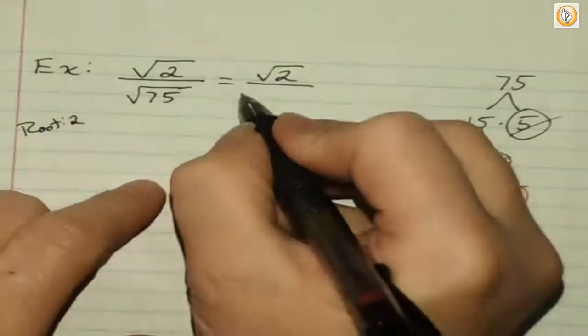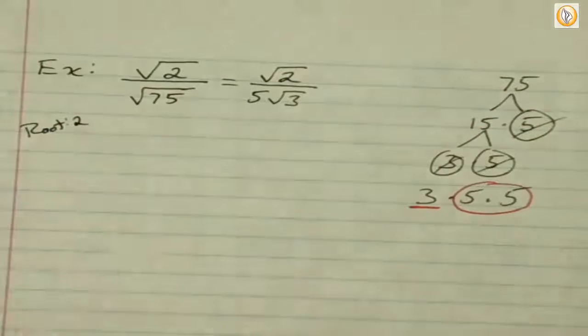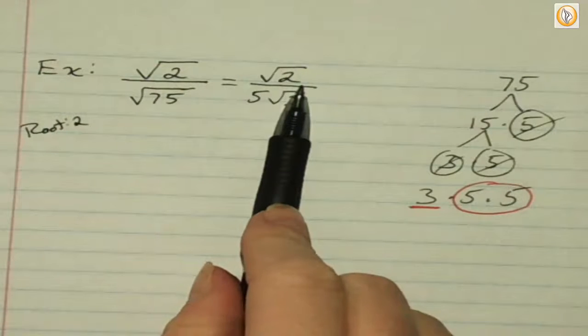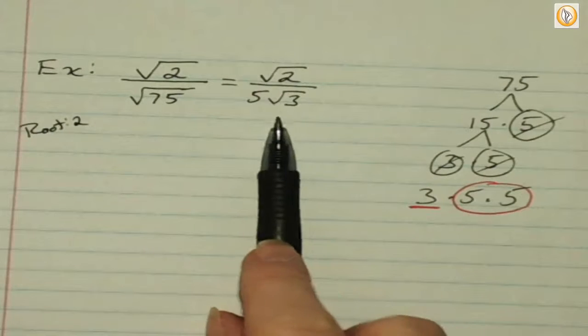The 5 goes on the outside, 3 on the inside. All right, so write that down, sit back, and see if you understand that. Anyone not understand this? The 2, we carried over. We simplified the 75 more, and we get this.